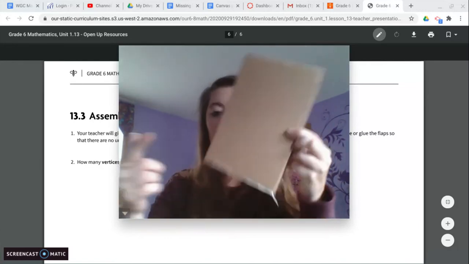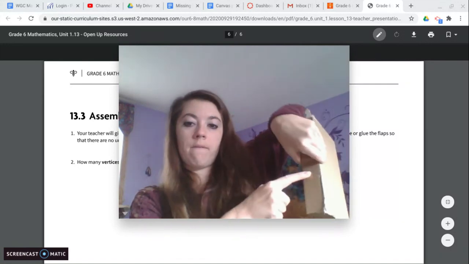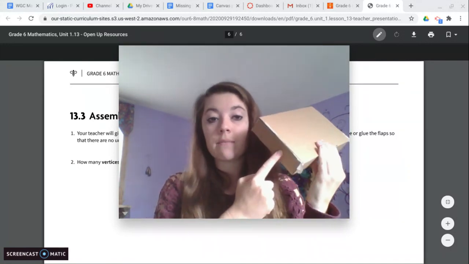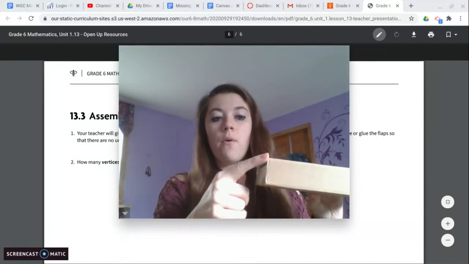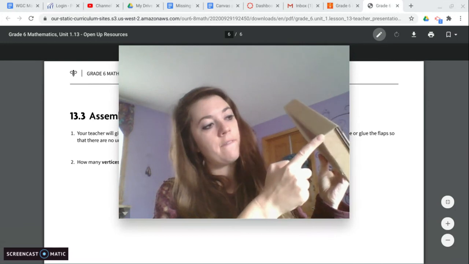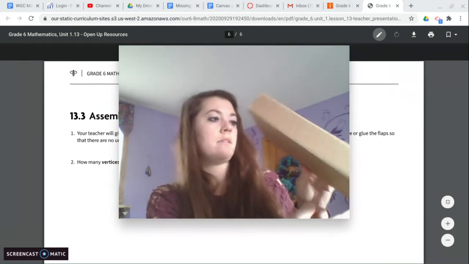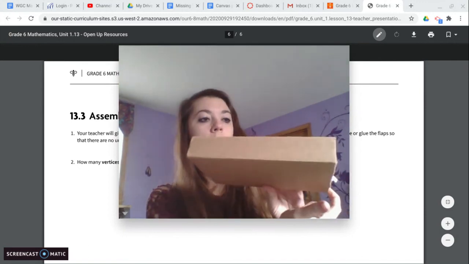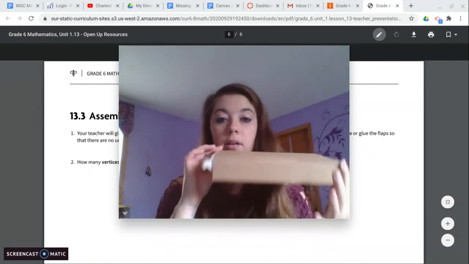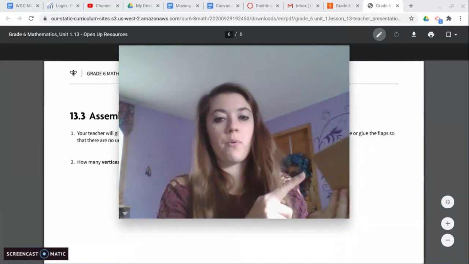So our rectangular prism has 1, 2, 3, 4, 5, 6 faces. It has 1, 2, 3, 4, 5, 6, 7, 8 vertices. I got them all. 1, 2, 3, 4, 5, 6, 7, 8. Yes, 8 vertices. So remember, vertices are the edge most point.